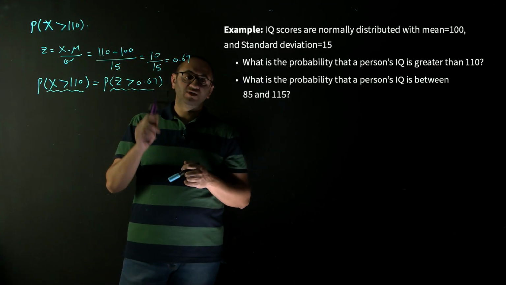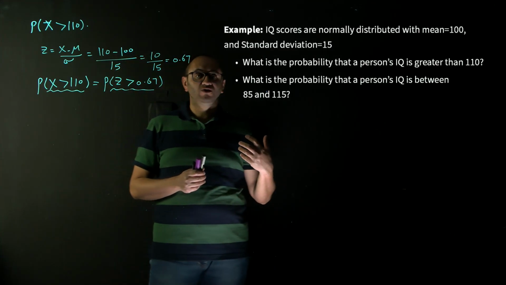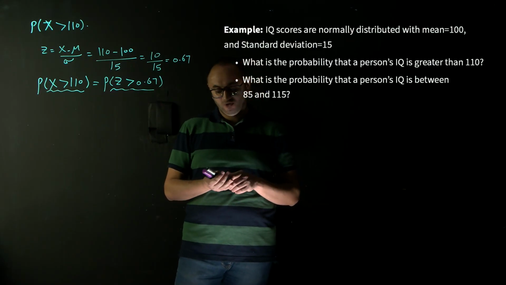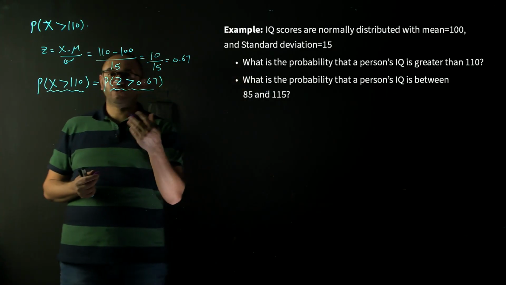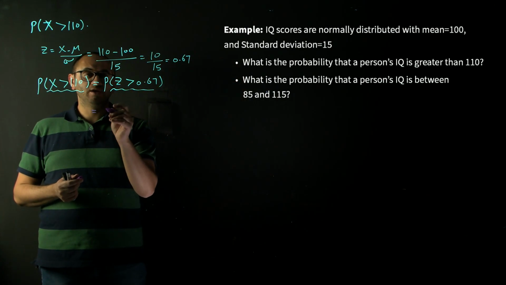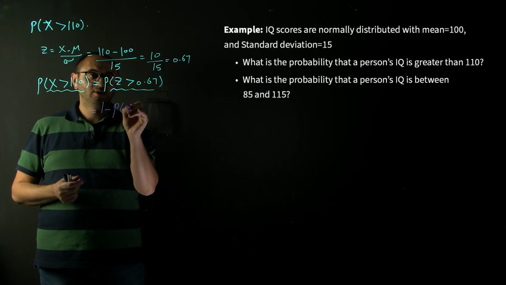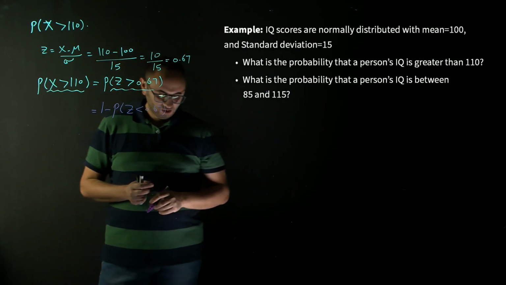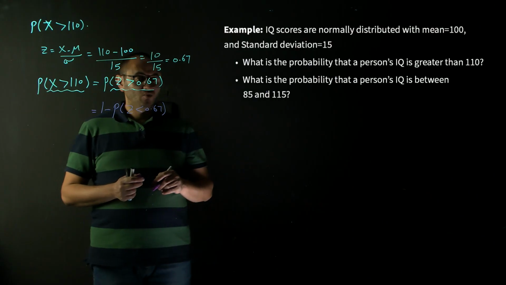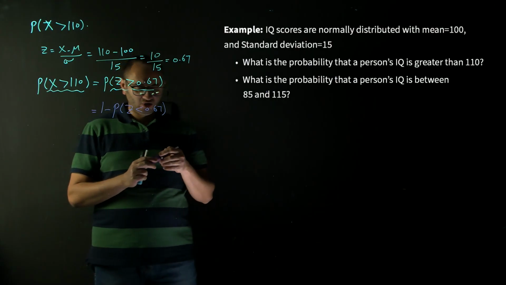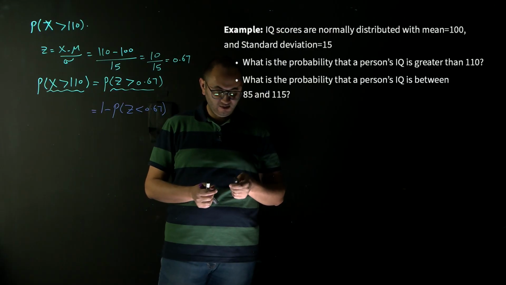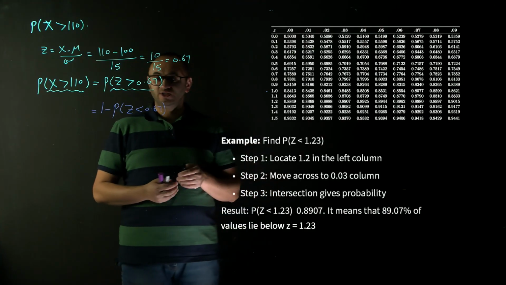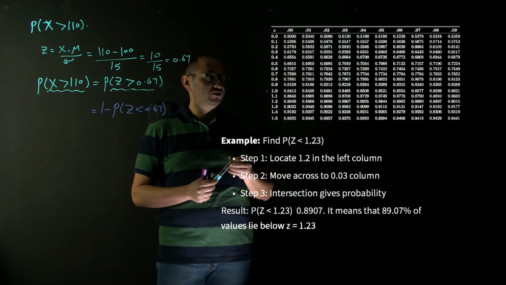To find this probability, remember the standard normal distribution gives us the area below the number. This is the area above. So we use the fact that the total probability is 1. The area above equals 1 minus probability z less than 0.67. All right, and we have to find this probability from the table. If we go to the previous slide, we have to look for 0.67.